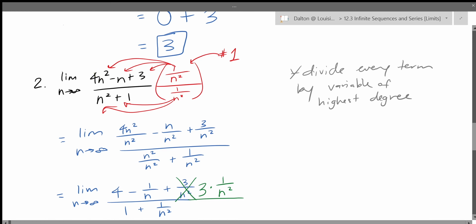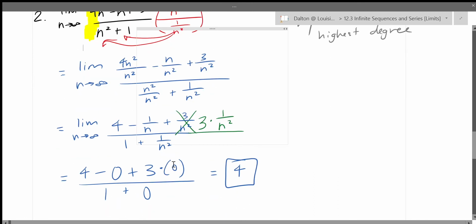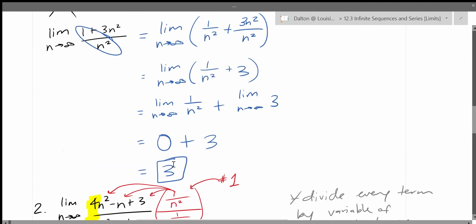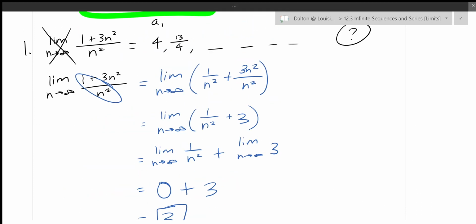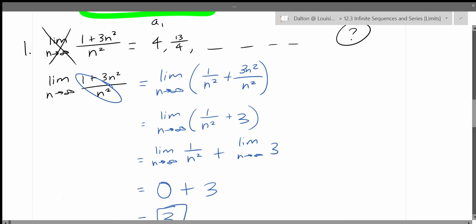Do y'all remember when we graphed these rationals? And we said that in order for you to find the horizontal asymptote, you compare the coefficients of the largest exponent and you divide. If they're the same, you divide them. Well, 4 divided by 1 is 4. And look up here. At the first example, your coefficients that matched were n squared, which was 3 divided by 1, and that limit was 3.